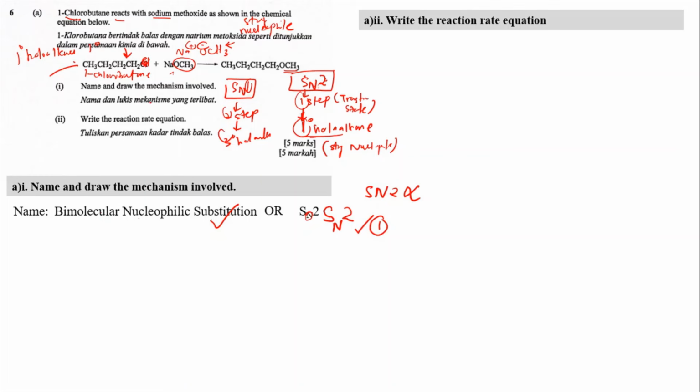Okay, and now we're going to draw the mechanism involved. So we know that it consists of one step and then the strong nucleophile going to attack it straight away. So we're going to draw our chlorobutane. So the chlorobutane here, I can draw it in terms of the 3D form.